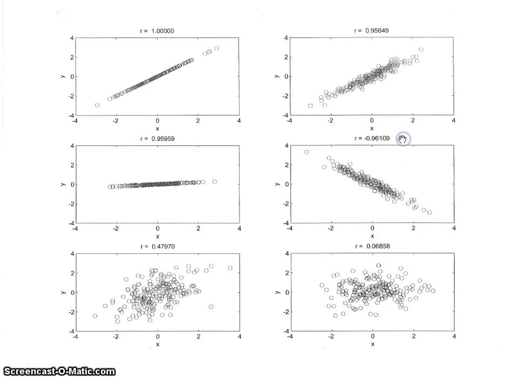Now the fourth one, its correlation coefficient is minus 0.96. Notice that the slope is now negative, and thus the negative value in front of the correlation coefficient. It looks very similar to the one right above it, but the slope is negative, and therefore the negative sign.